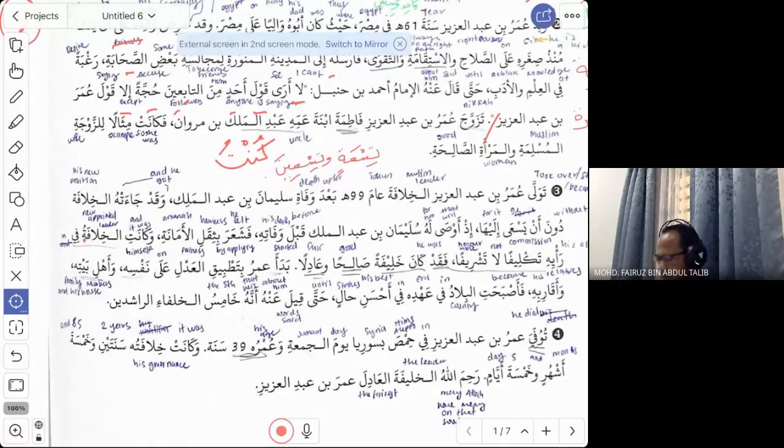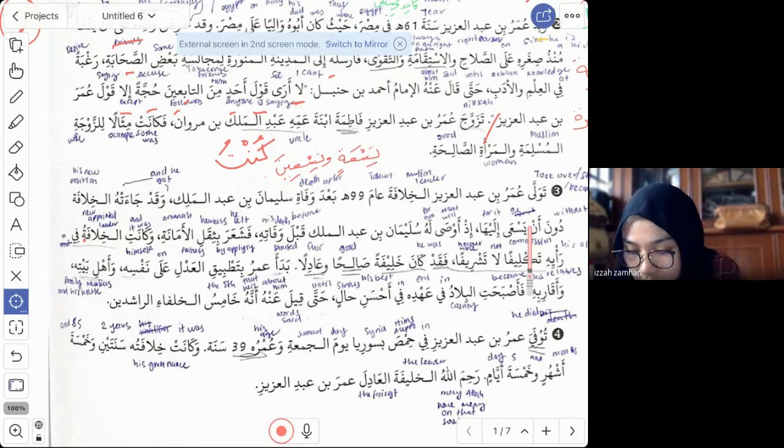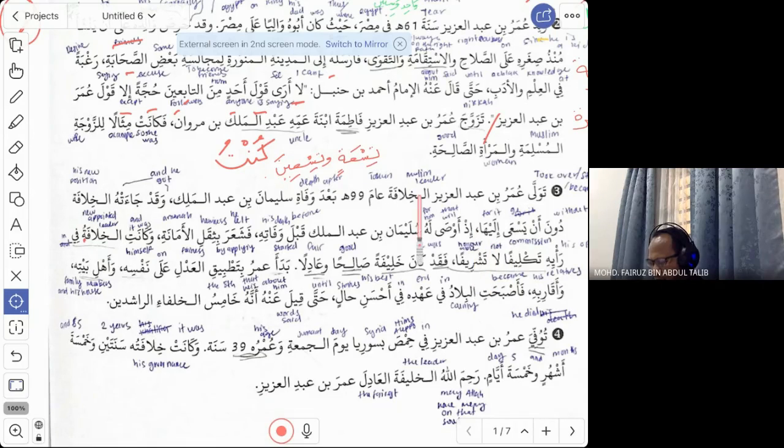Waqad ja'athu means and he got. Al-Khilafah means his new position. Duna means without. Yes, without commission. Ilaiha, for it.